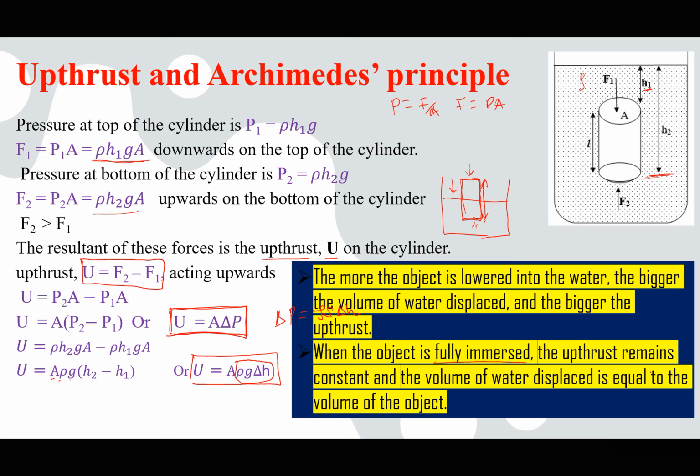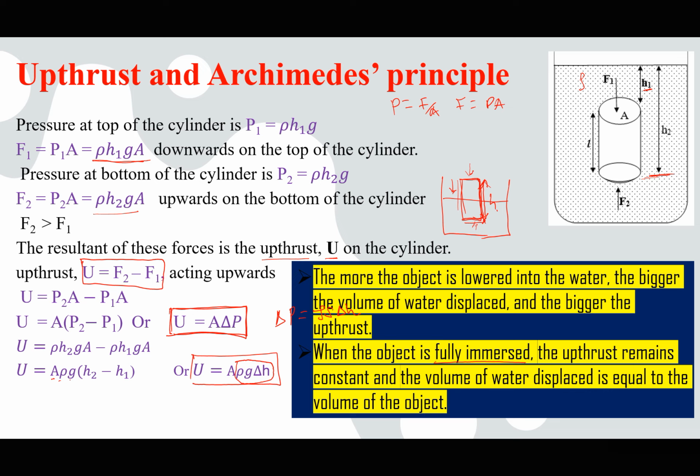Please, you should watch the solved past paper questions to understand the application of this concept in calculations. So when the object is fully submerged, the upthrust remains constant because H2 minus H1 is a constant value in this case. But in the previous case, before the object is fully submerged, H2 goes on increasing as more of it is submerged, because H2 is maximum when the whole of it is submerged.